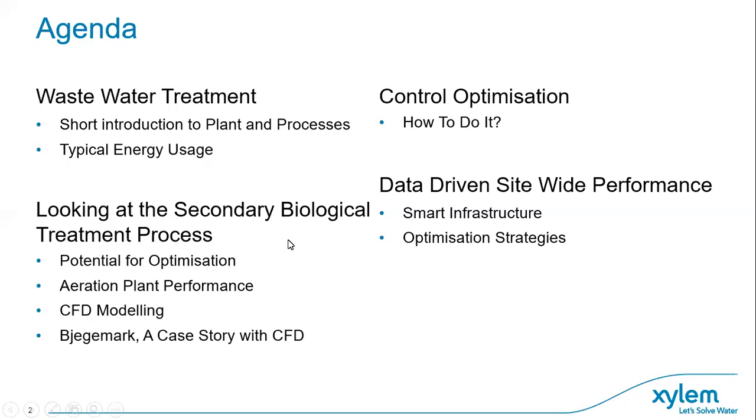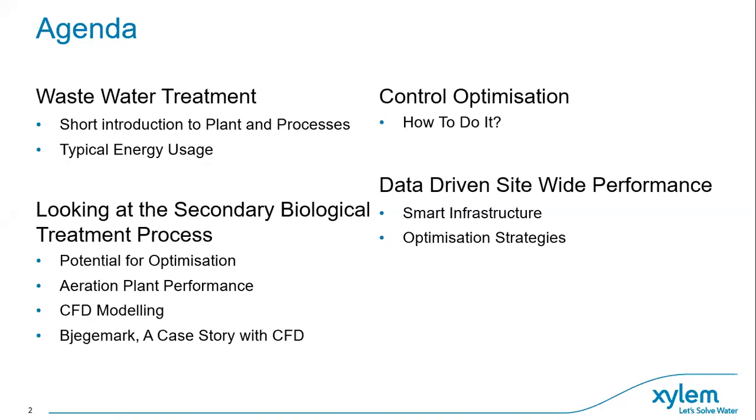Okay, so thanks for joining, everyone. This afternoon, we'd just like to talk to you all about wastewater treatment, and predominantly looking at how, using design and control of systems, we can increase performance, gain efficiencies, and drive better process performance from the equipment that goes into those plants.